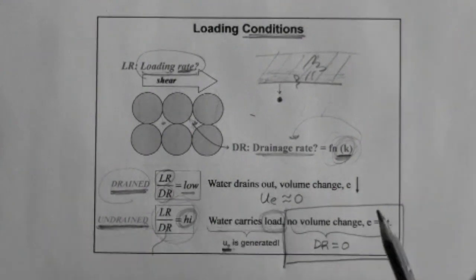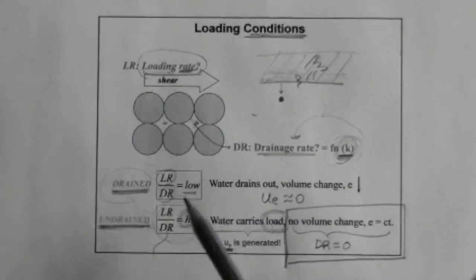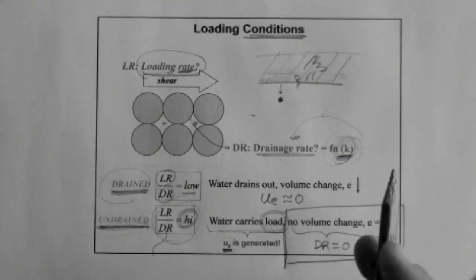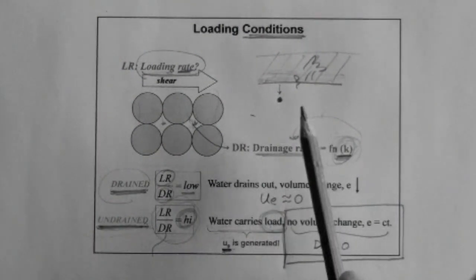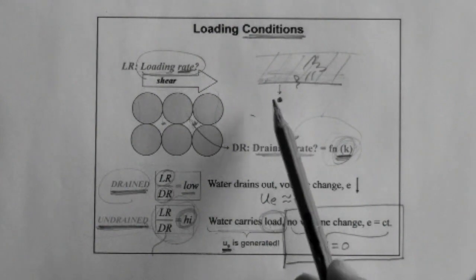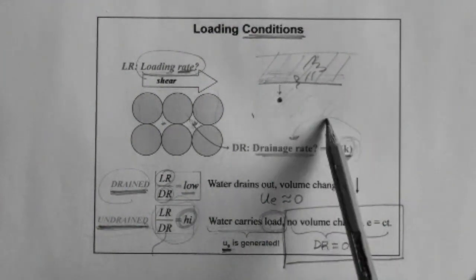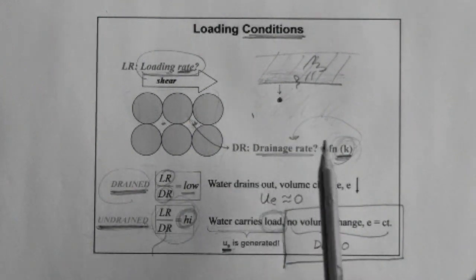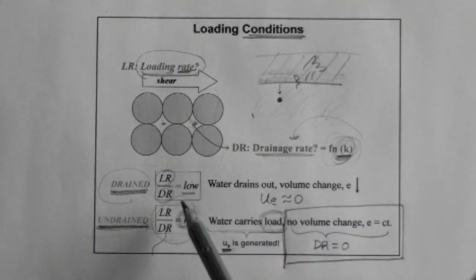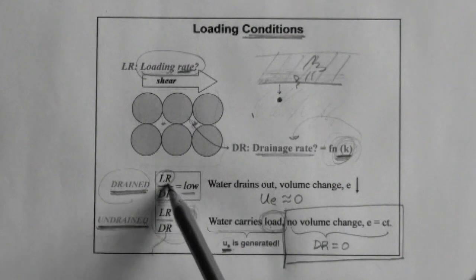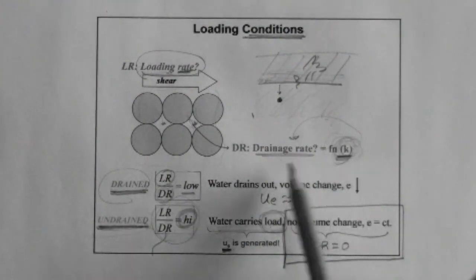Now, in current times, we have a coincidence of the following. When we have a coarse grained soil, sand or gravel, we can say that we have a high drainage rate because the hydraulic conductivity is high.